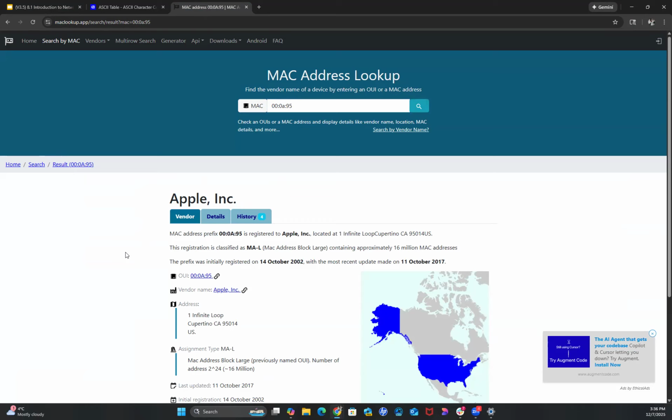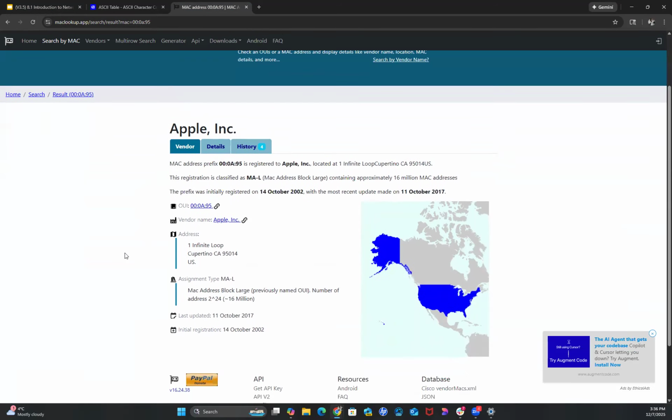Now, is it clear? This is how you check your MAC address vendor, and this is very important. If you're a cybersecurity engineer, you can understand where this MAC is located and whose MAC this is.